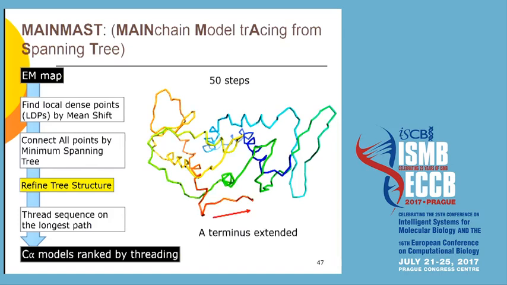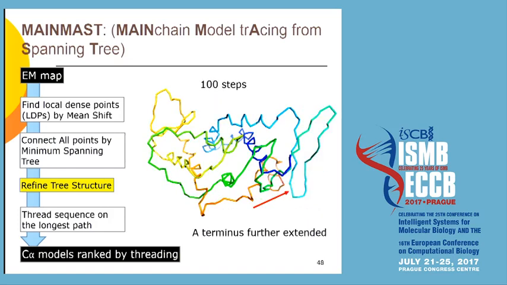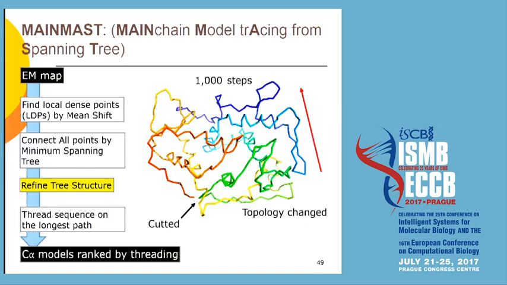At 50 steps, in this example, the structure found some density here, so that's elongated, and now further elongated, and compared to the previous points, the connection is also changed.